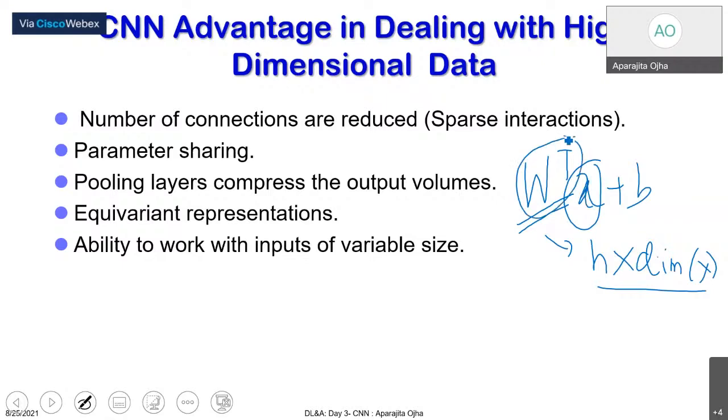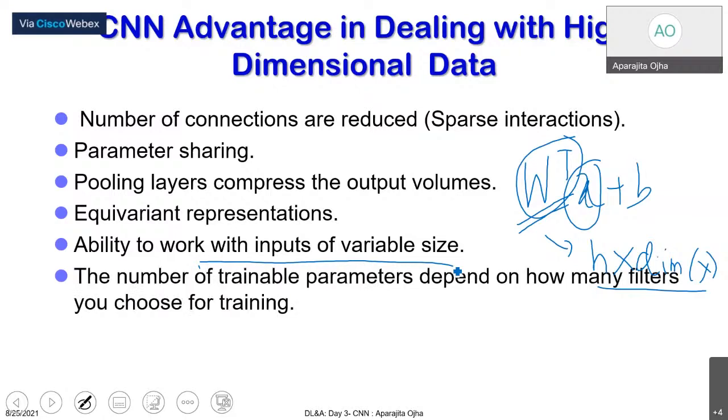weight matrix. Here, CNNs are taking filters whose weight values do not depend on the size of the input, right? So it has the ability to work with inputs of variable size.